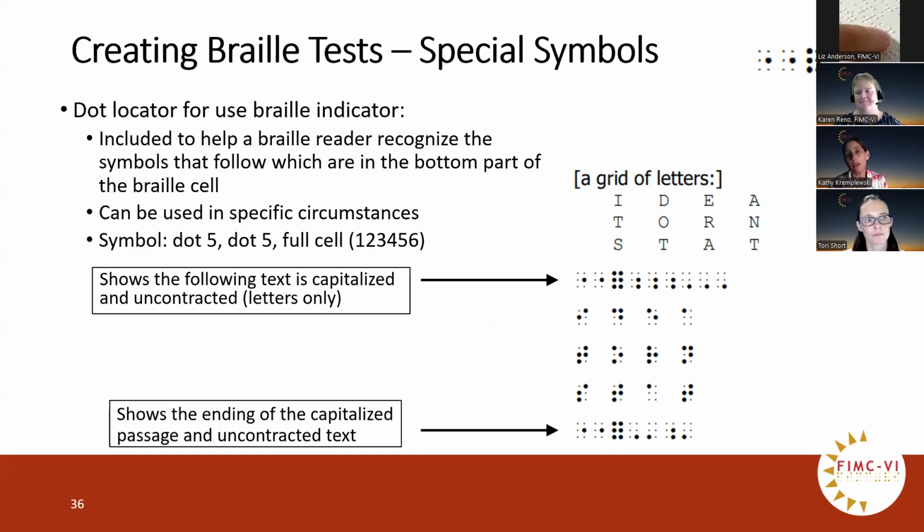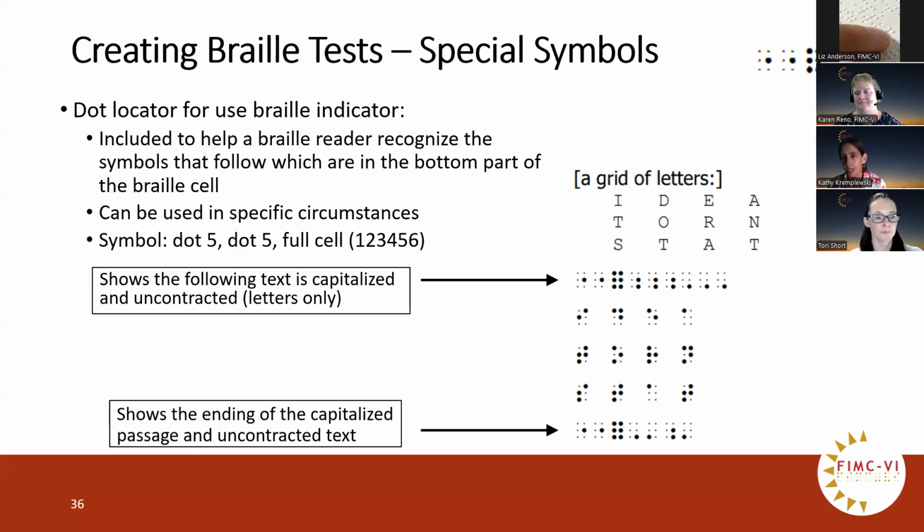Now, dot locator for mention, the kids see that all the time because that one is always the first symbol on the special symbols page at the beginning of every Braille textbook and Braille test. But this dot locator for use is only used once in a while.